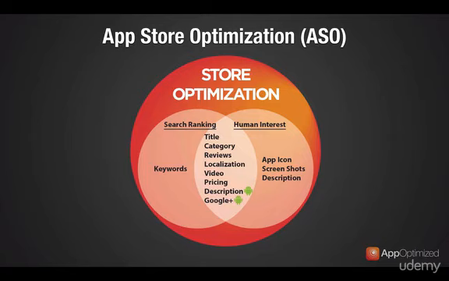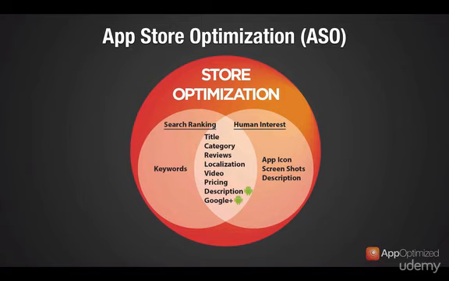But for now, I just want to point out that in App Store optimization, you're really focusing on two separate things. It's really helpful to realize that there are two different goals we're trying to achieve here. The first goal is to achieve a good search ranking.